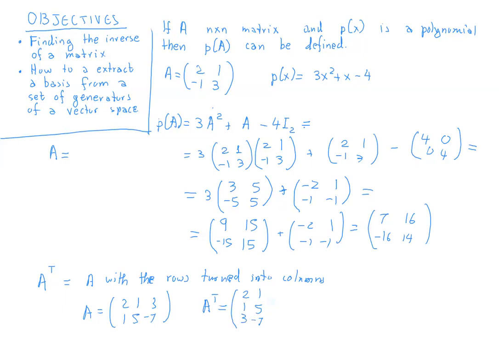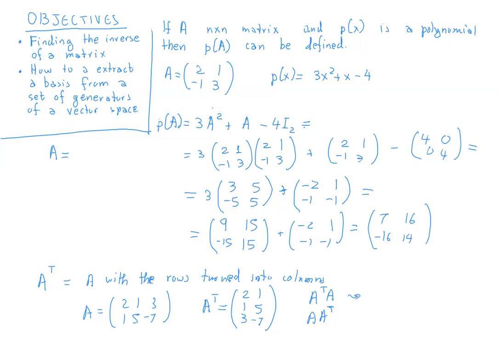Okay, and the nice thing is you can always multiply A transpose times A and A times A transpose. You're not going to find necessarily matrices of the same dimensions unless A is a square matrix. Otherwise, for example, in this specific example that I gave you, if you find A transpose times A, can anybody tell me what the dimensions of this matrix are going to be?